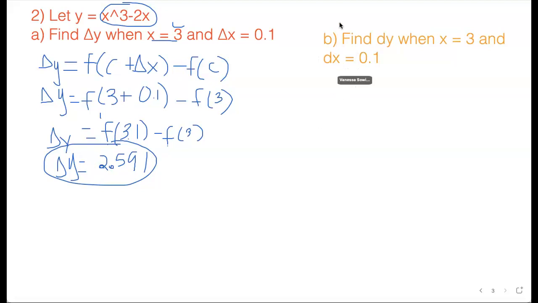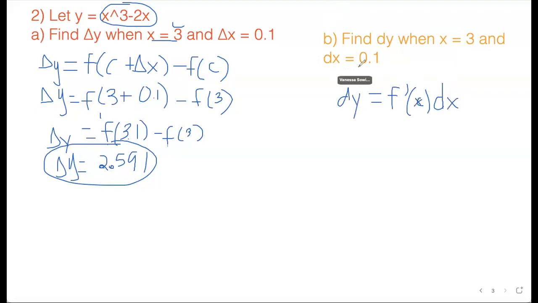Okay, so the formula here: to find dy, we take the derivative of the function at c times dx, which is basically the derivative of the function at x.